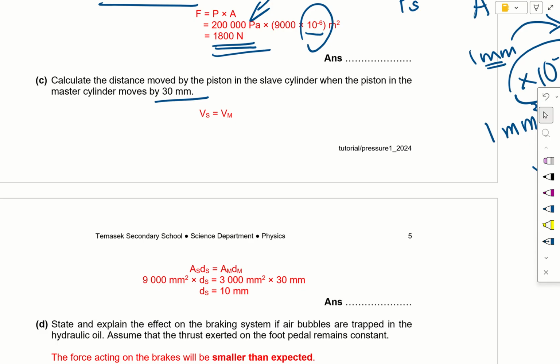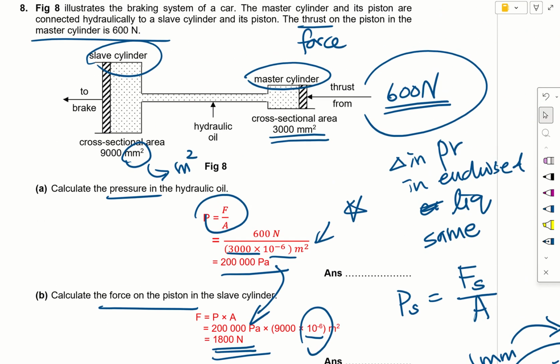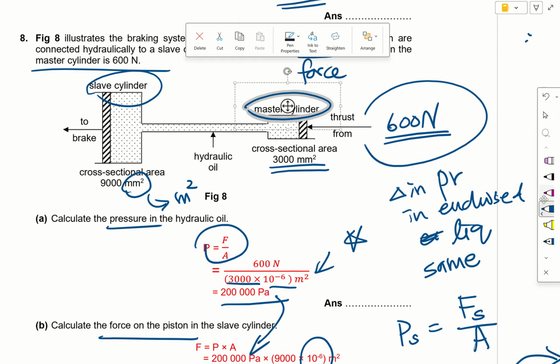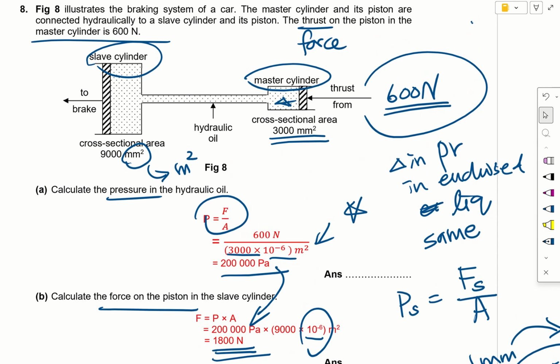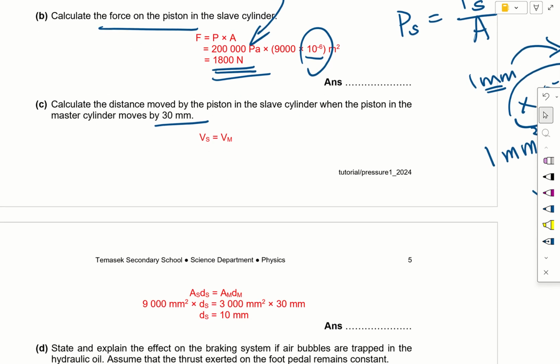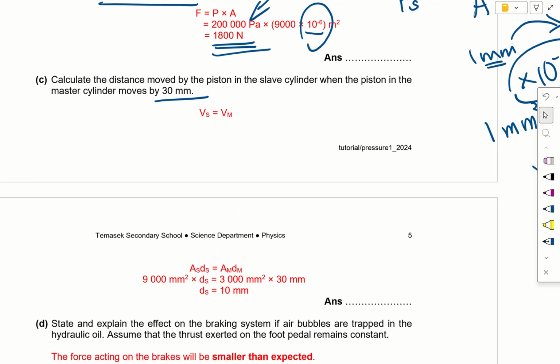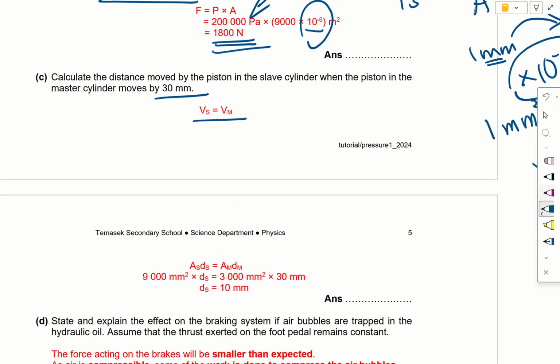But to solve it now, you see that when you are exerting a force on the master cylinder, the volume of liquid moved will be equal to the volume of liquid being moved in the slave cylinder, because they are all connected. It's an enclosed liquid. So the volume moved in the slave cylinder will be equal to the volume moved in the master cylinder.